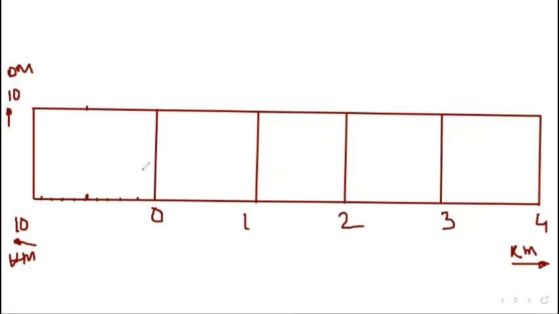Similarly here also, 1, 2, 3, 4, 5, 6, 7, 8, 9. Similarly you divide 1, 2, 3, 4, 5, 6, 7, 8, 9, and divide this part also into 10 equal parts.